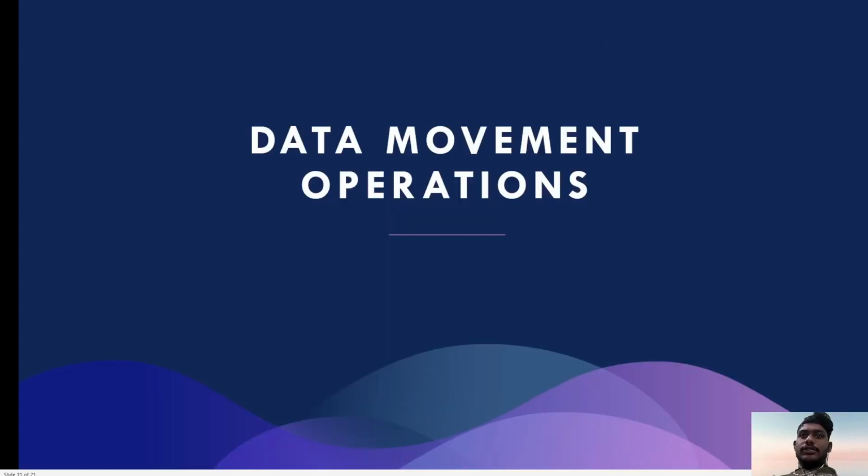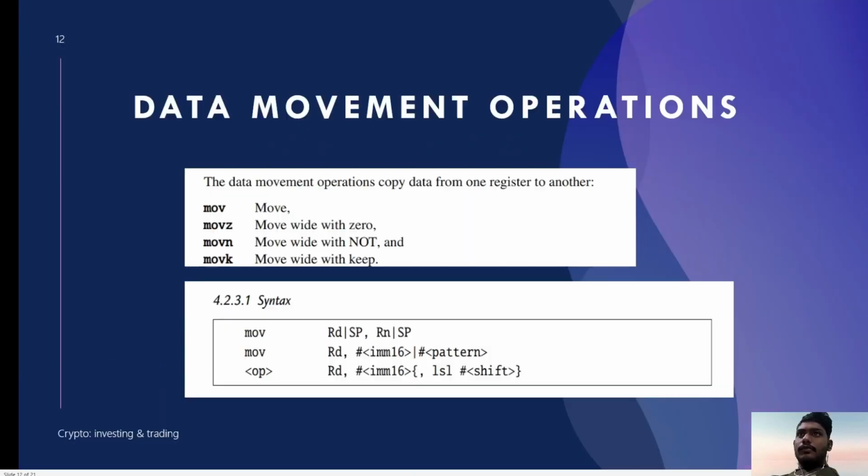Data movement operations. It's one of the most important operations involved. Here, the data movement operations copy data from one register to another. The move instruction is an alias chosen by the assembler for ORR, MOVZ, MOVN, or similar instructions.